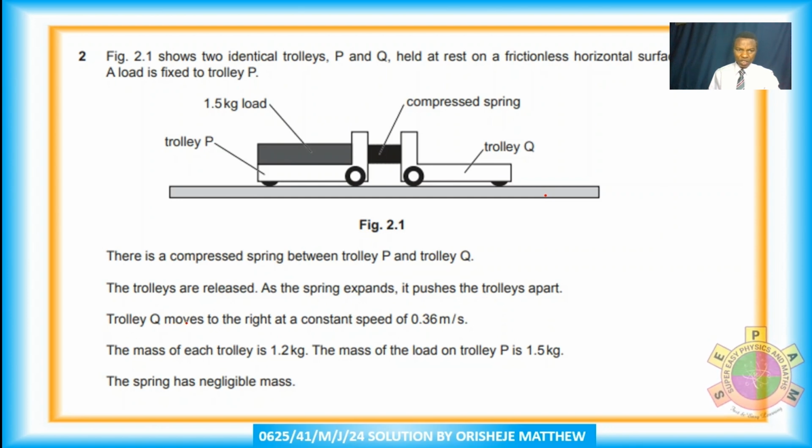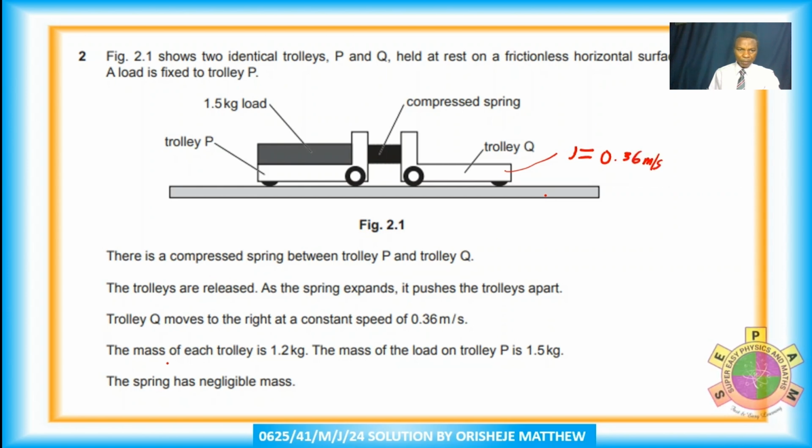Trolley Q moves to the right with an initial speed of 0.36 meter per second.